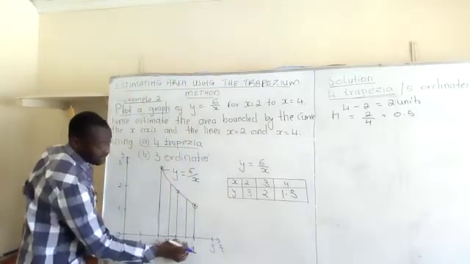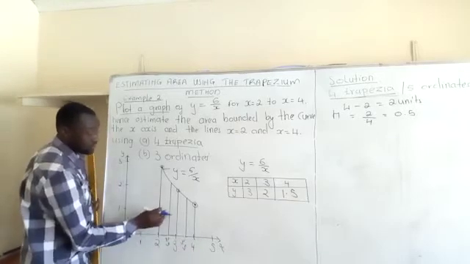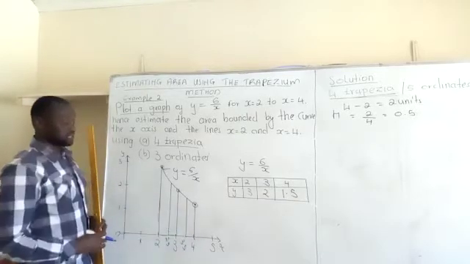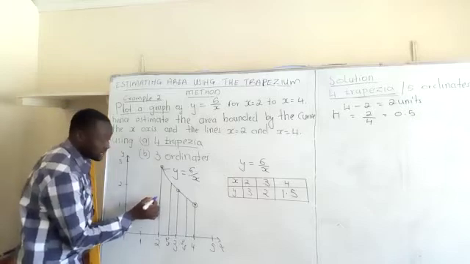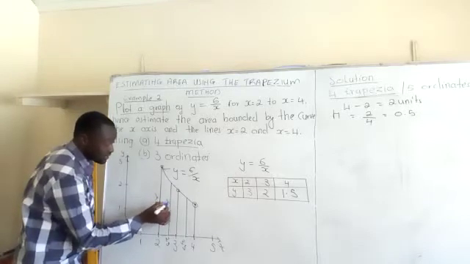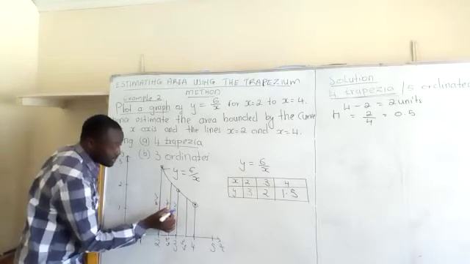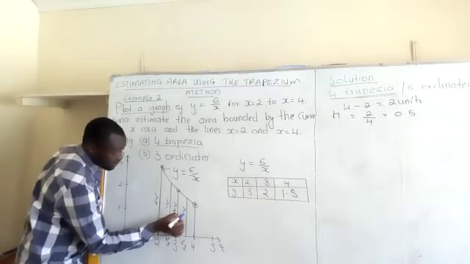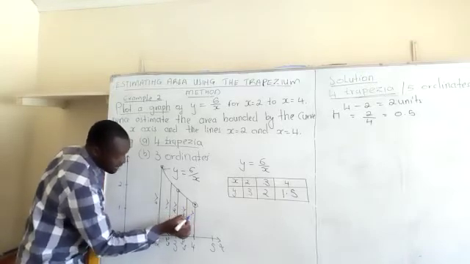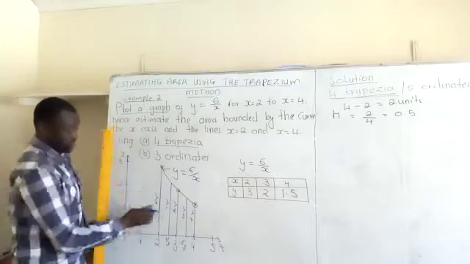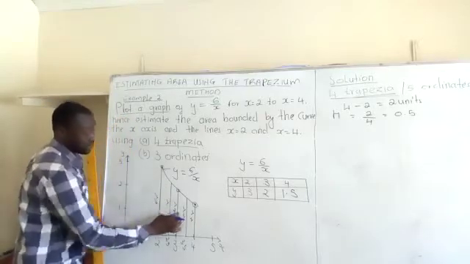And finally 3.5 to 4. So you have 1, 2, 3, 4 trapeziums. Therefore we'll have the ordinates: the first one, the second one, the third one, the fourth one, and the fifth one. Therefore we need to get the values of all these.